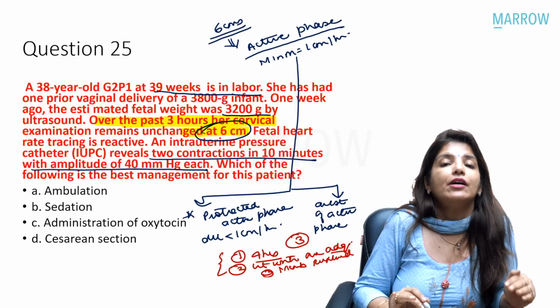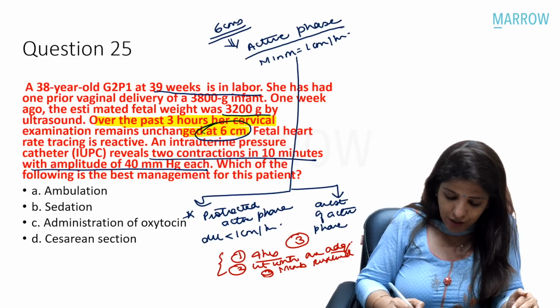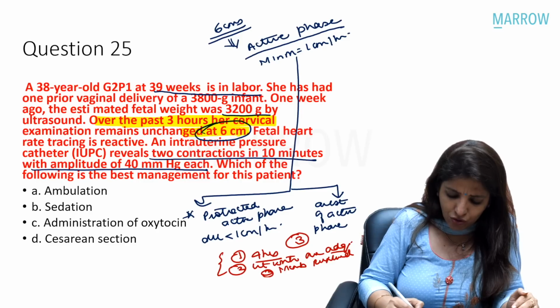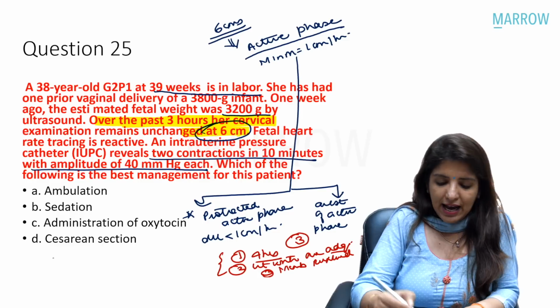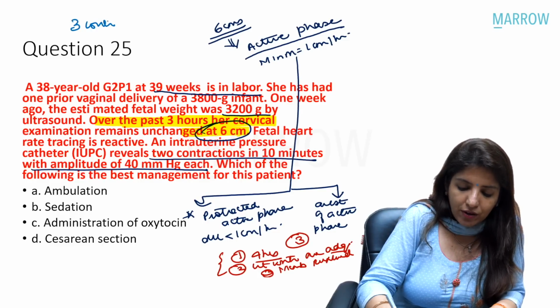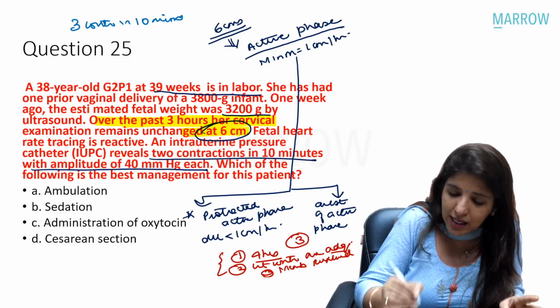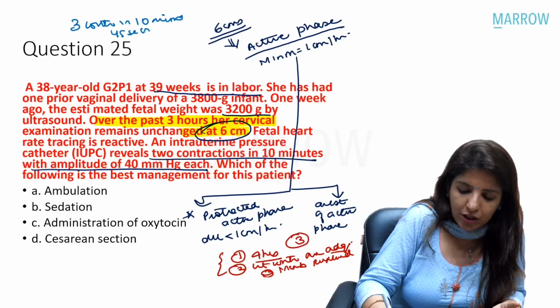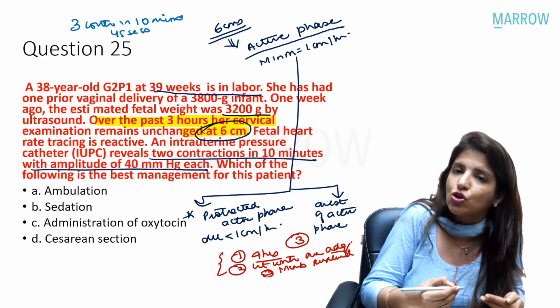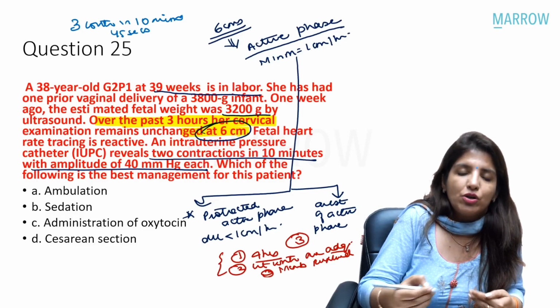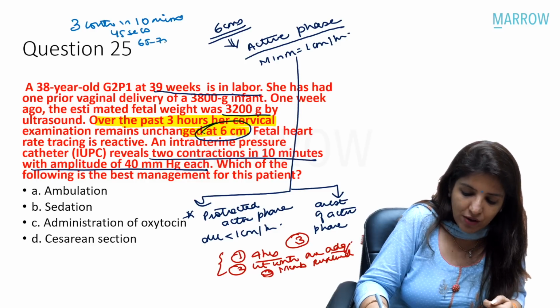Number 2, are her uterine contractions adequate? How do you define adequate uterine contractions? Adequate uterine contractions are defined as 3 contractions in 10 minutes, each contraction lasting for a period of 45 seconds and each contraction raising the intrauterine pressure to 65 to 75 millimeters of mercury.